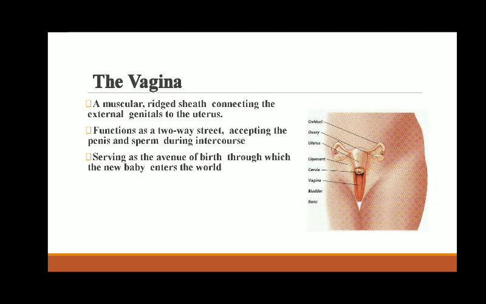Next part, that is the vagina. The vagina is a slightly curved muscular canal about 3 inches long. The cervix of the uterus enters its upper end. At the lower end, the vagina opens into the cleft between the labia minora.